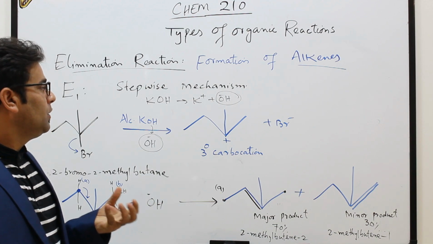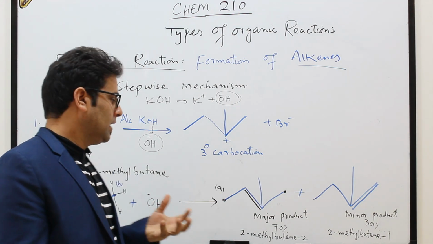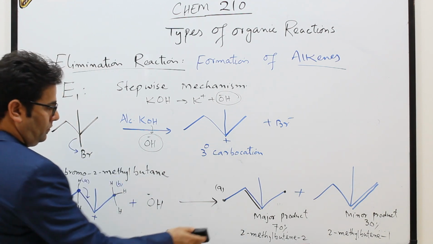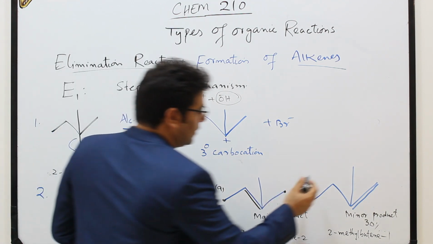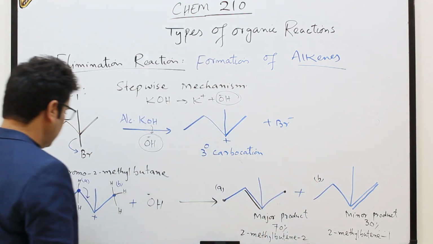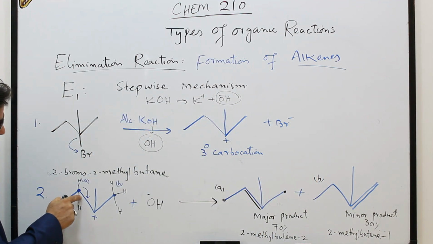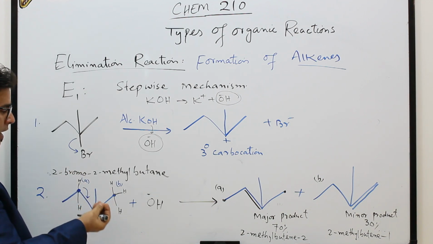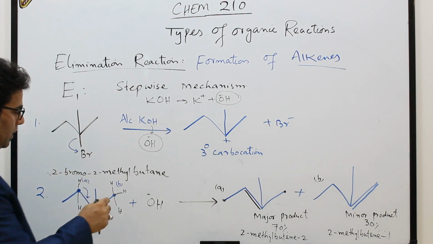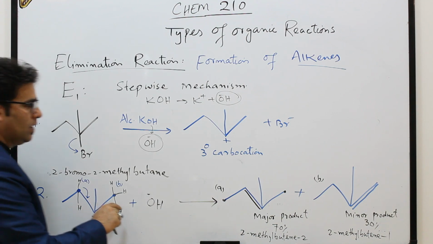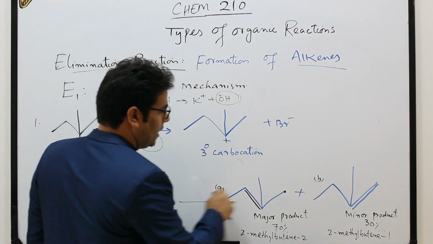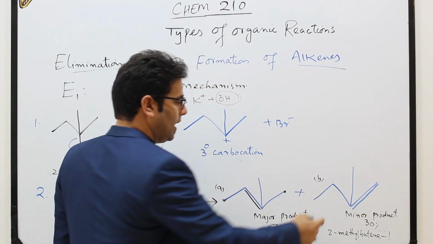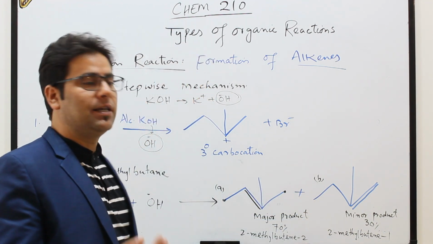Now let me give you some exercises on how you can do it. So I wrote here A, this is B. First I took hydrogen from this carbon, this is A. Then in the second case I removed hydrogen from this carbon, so this is B. This is the major product because it is highly substituted, and this is the minor product because it is less substituted.